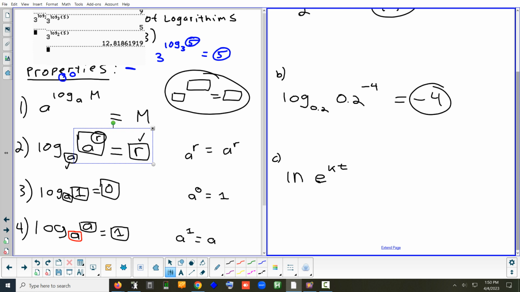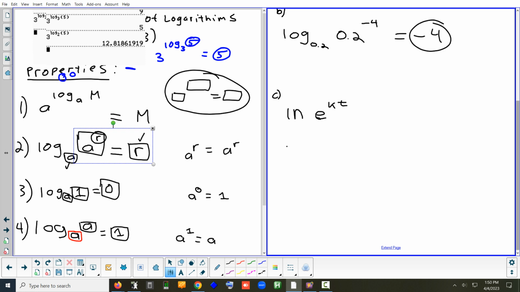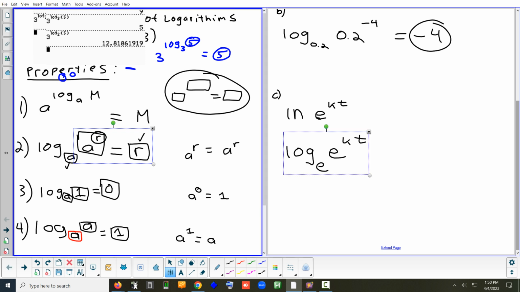Yeah, Alex? Log base e of e to the power of kt. Yep, perfect. ln really means log base e. So if you rewrite ln the long way, then you can see you have 2 things that match there, and it's exactly the same as those 2 things matching right there. Right. So Alex, based on that, what would that simplify to? Kt. Kt, whatever k times t is.